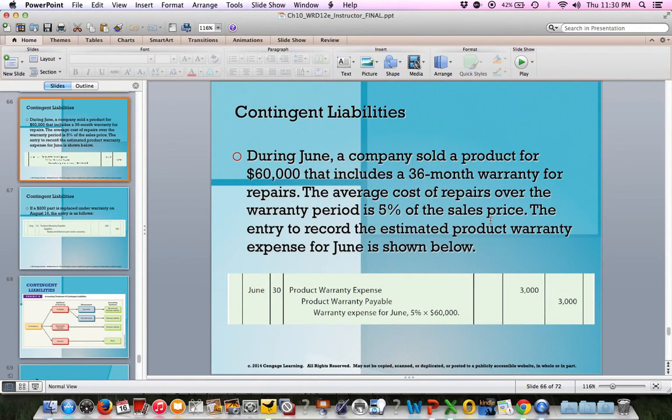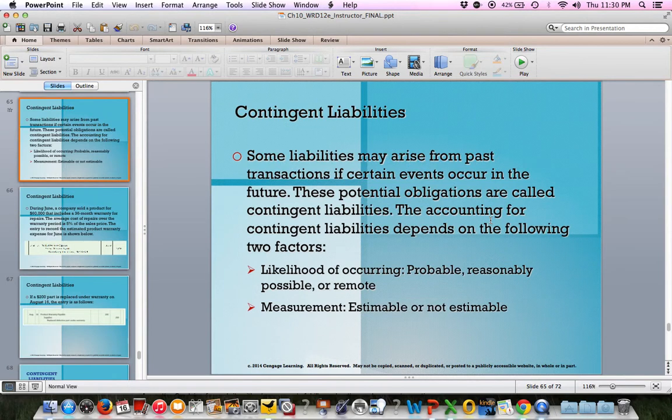So an example is warranty expense. Going back to the definition of a contingent liability, imagine that a company sells a product that has a warranty with it. That's a transaction that's happened in the past, and now we're guaranteeing that if this product breaks down for a certain period of time, the company that sold it will pay to replace it, fix it, whatever.